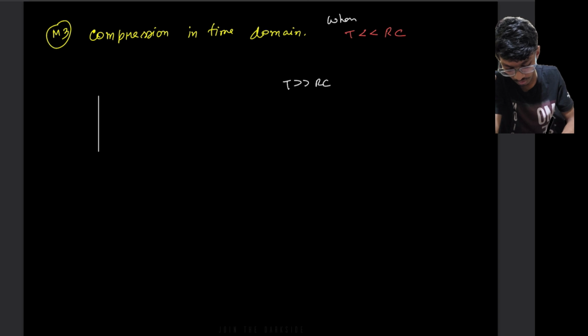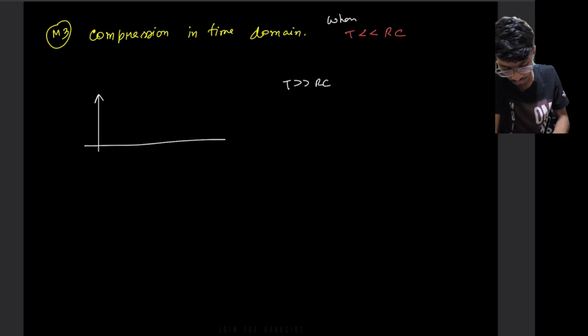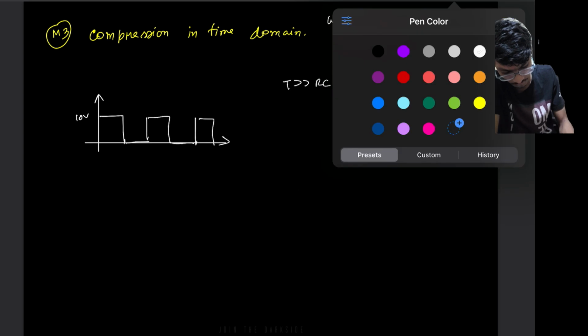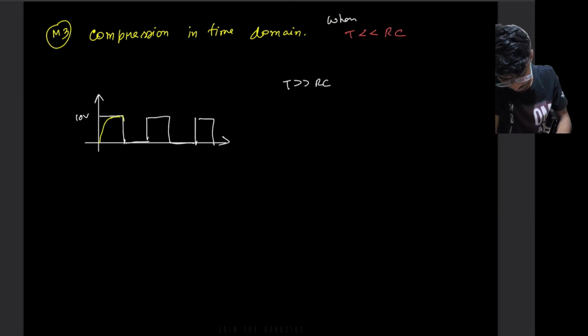So what were the waveforms for t much greater than RC? And this was the VO. Charges very fast and discharges very fast. So this is basically the VO and this is the Vin.